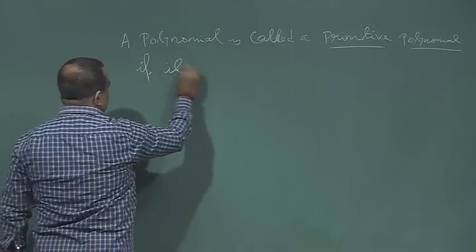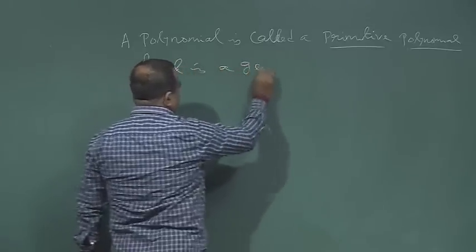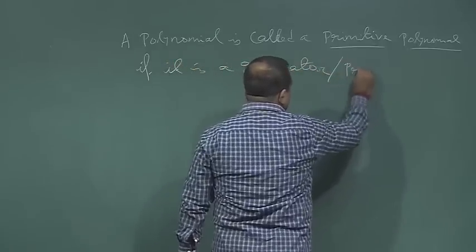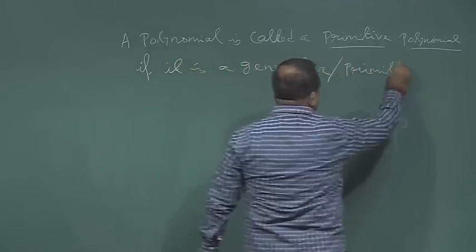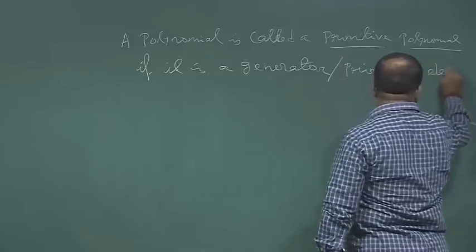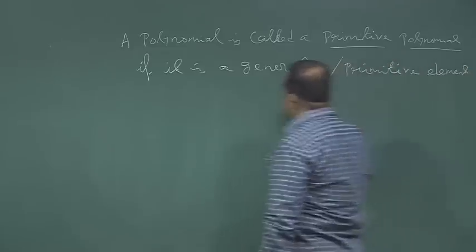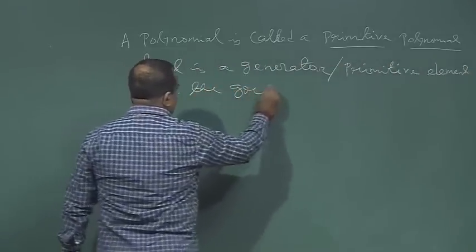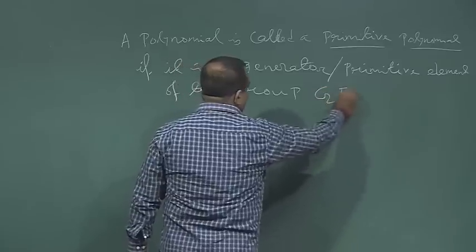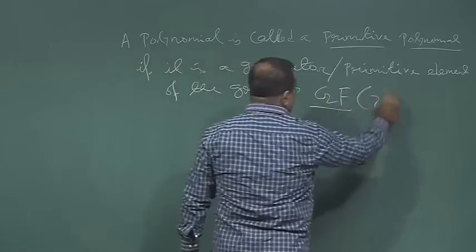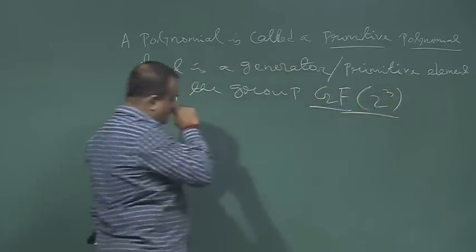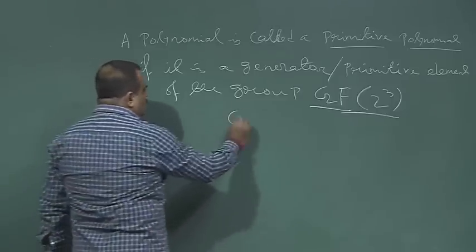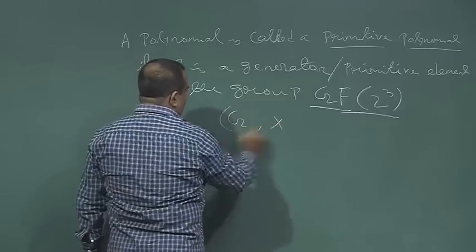A generator is also called a primitive element of the group, the Galois field, say 2 to the power 3, or in general GF(p).